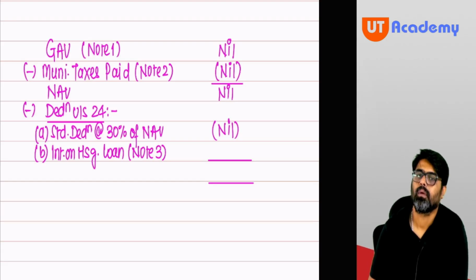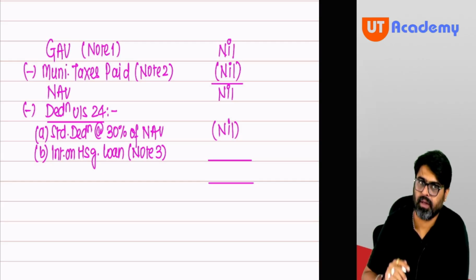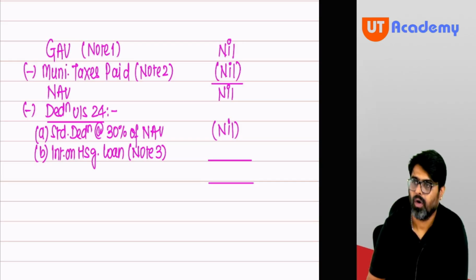Hence, GAV of Purna's property at Bangalore is taken as nil, and the amount of fair rent and municipal value of such property have been ignored. Done? This is your note 1.